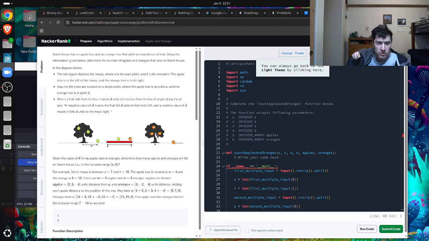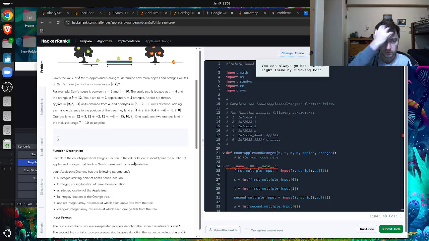When the fruit falls from its tree, it lands d unit distance from its tree of origin along the x-axis. A negative value of d means that the fruit fell d units to the left, and a positive d means towards the right. Okay, so if it's out here, so this one fell towards the right, so it would be positive units d, right?